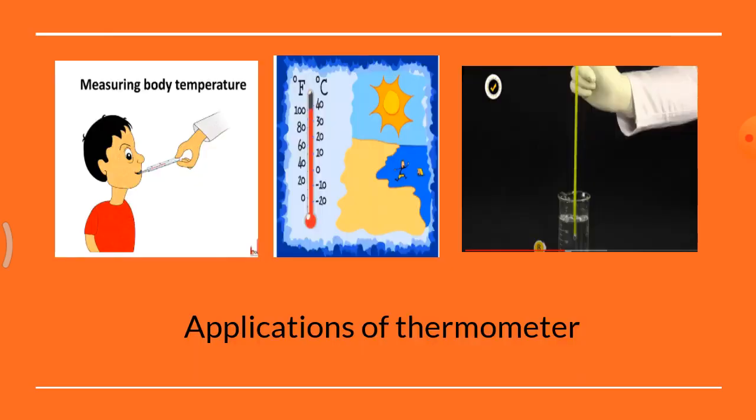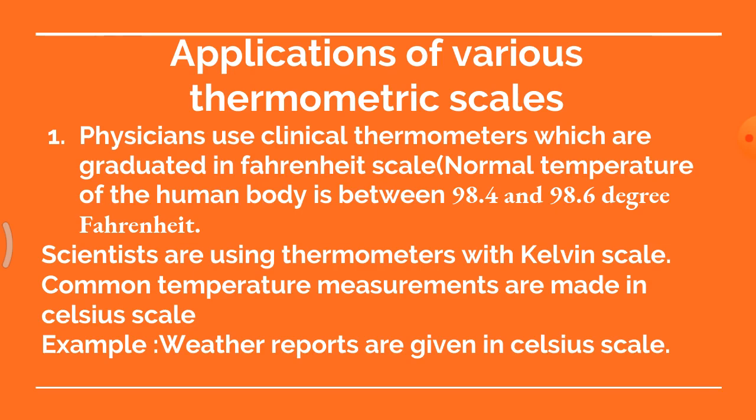So what are the applications of the thermometer? Why do we have to use the thermometer? Thermometers are meant to measure the temperature, and there are three kinds of scales. One is Fahrenheit, the other one is Celsius, and the last one is Kelvin. So different scales have different applications. Physicians use clinical thermometers which are graduated in the Fahrenheit scale.